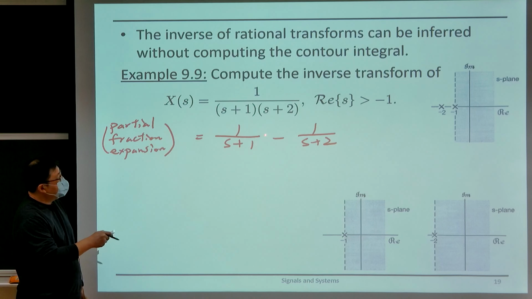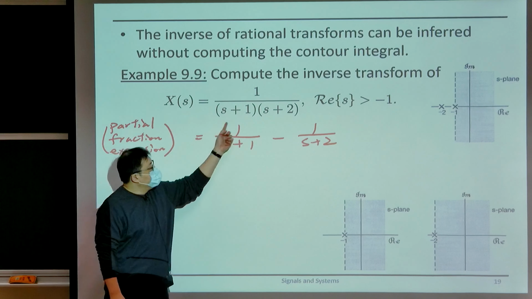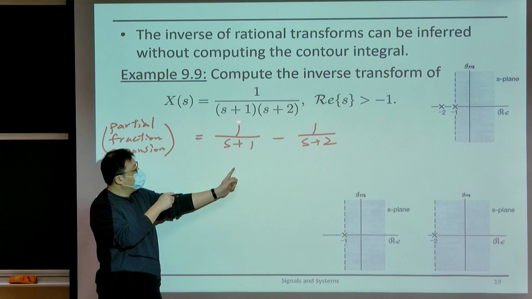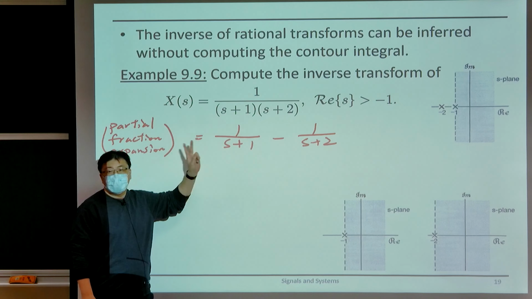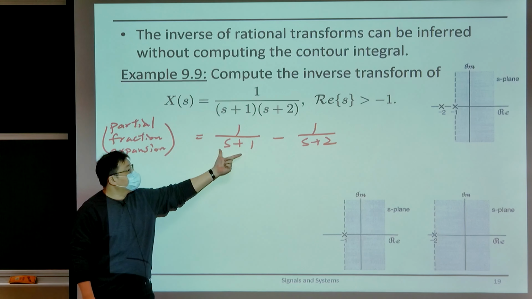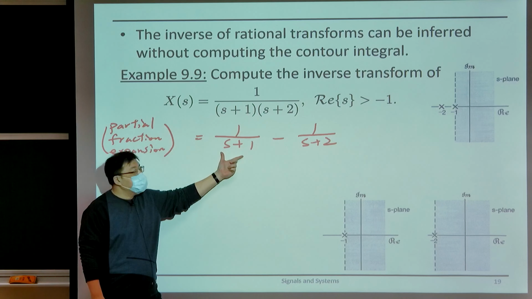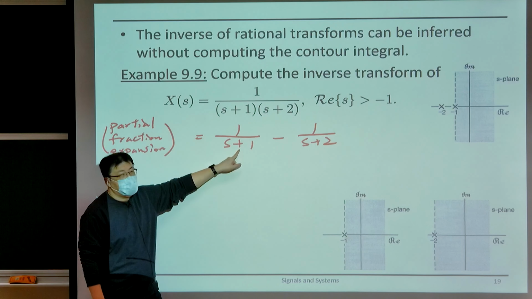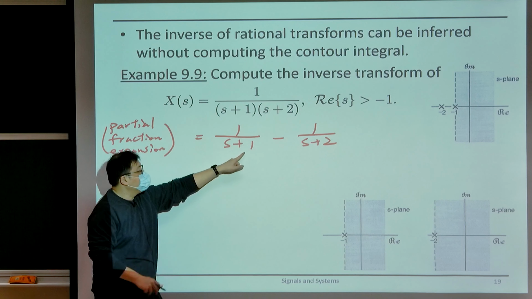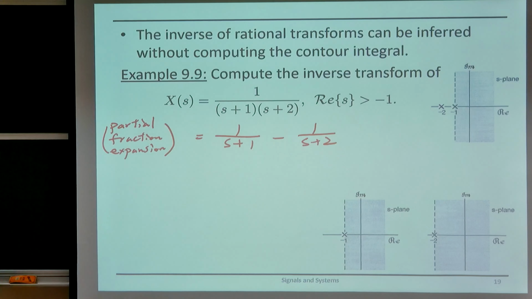Now here we have these two algebraic expressions. For a Laplace transform taking on this algebraic expression, we know that there are two possibilities for the region of convergence for this term here. One is to have a region of convergence greater than -1, to the right of -1, which is the pole here, or to the left of -1.